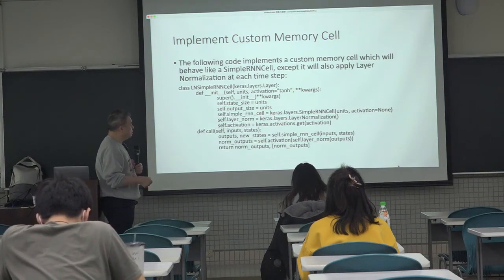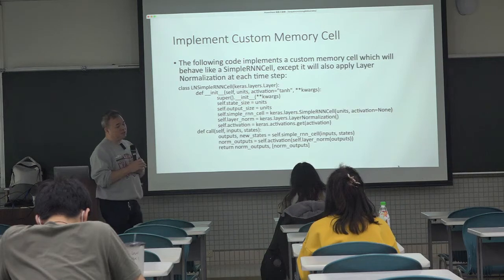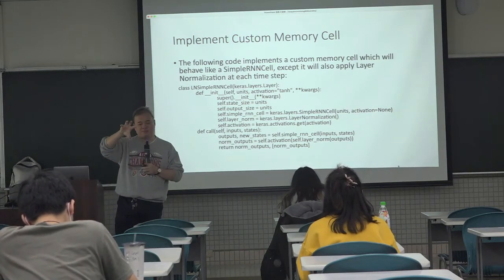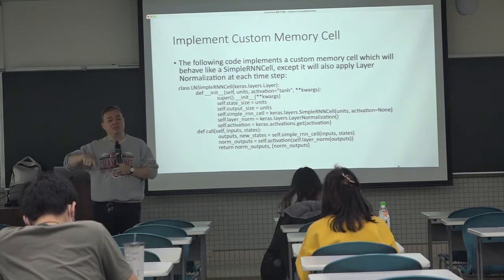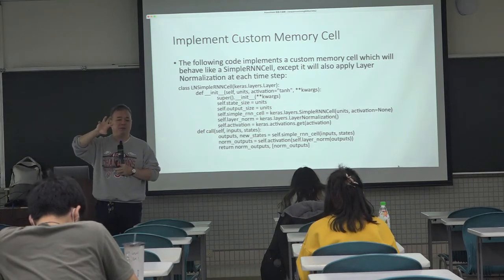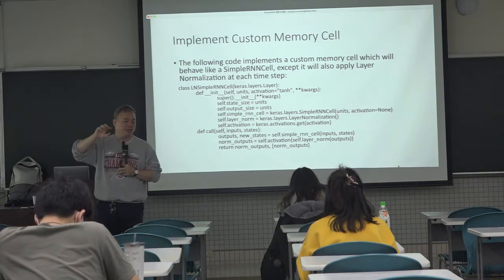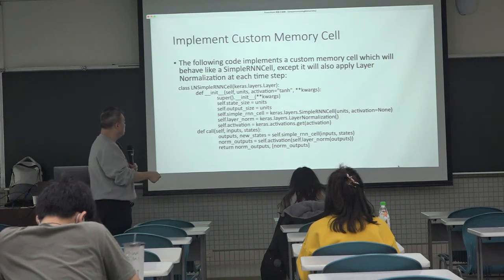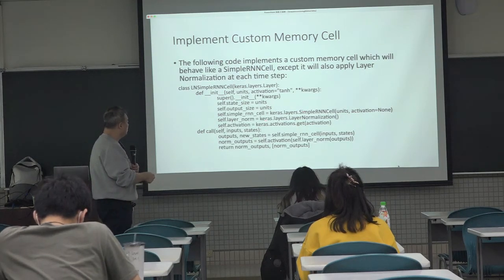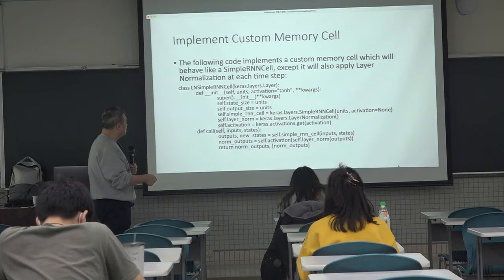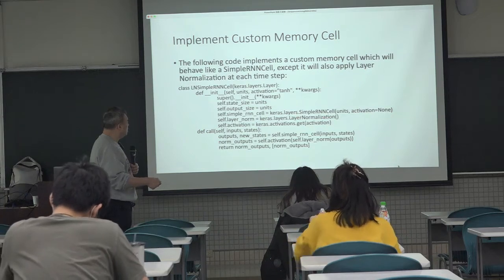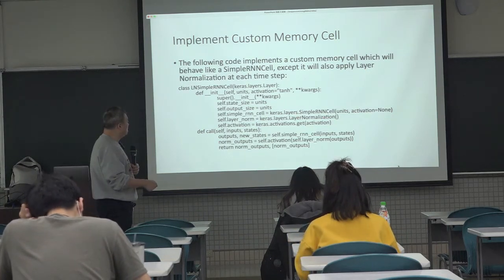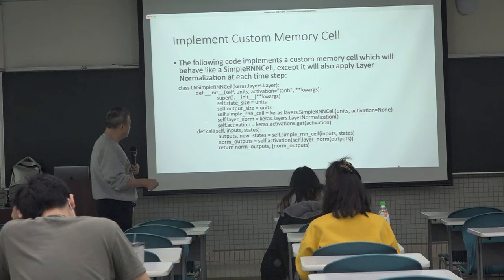That's normally how we do it: we first compute the linear summation for each cell, but before we apply the activation function, we do the layer normalization. So that's why you see this line inserted between the simple RNN cell and the activation function. This is the basic structure.